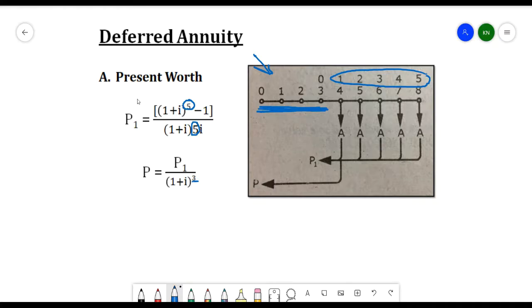To get P1, we have (1 plus I raised to N minus 1) all over (1 plus I raised to N) times I. N is the number of payments made, so there are 5 payments in this example. M is 3 here, meaning there are 3 periods that have no payments made. That is how we get the present worth.